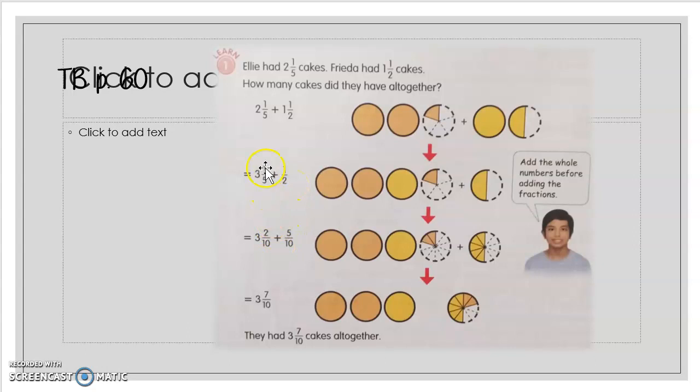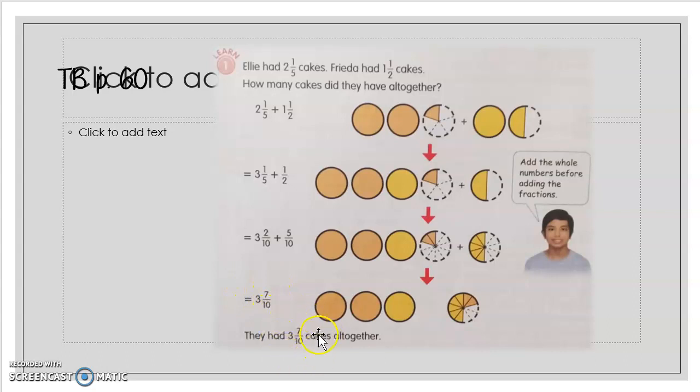So 1 times 2 becomes 2, 5 times 2 becomes 10, and then 1 times 5 becomes 5, 2 times 5 becomes 10. Because the denominators are now the same, you only add the top one. 2 plus 5 becomes 7. So the answer will be 3 7 over 10.